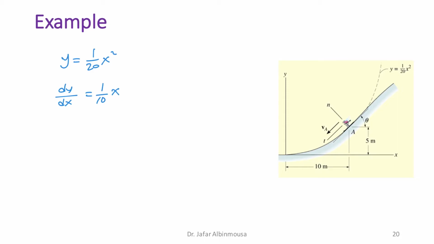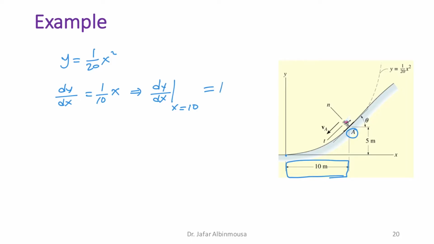And then we substitute dy over dx at x equals 10. Why? Because the position of point A is 10 meters from the origin right here. So clearly, if you substitute at x equals 10, you put here 10 over 10, you will get 1.